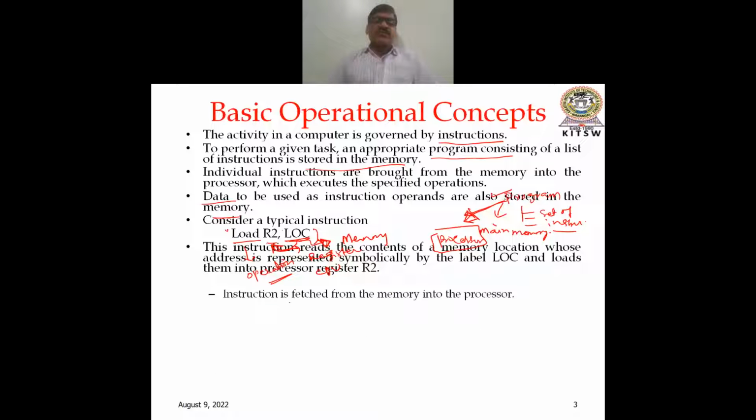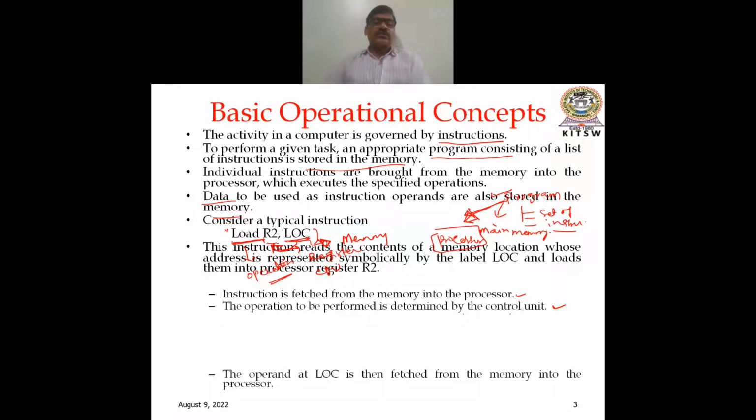This instruction is fetched from the memory into the processor. The operation to be performed is determined by the control unit. In this particular instruction, the operation we perform is the load operation, and that is determined by the control unit.